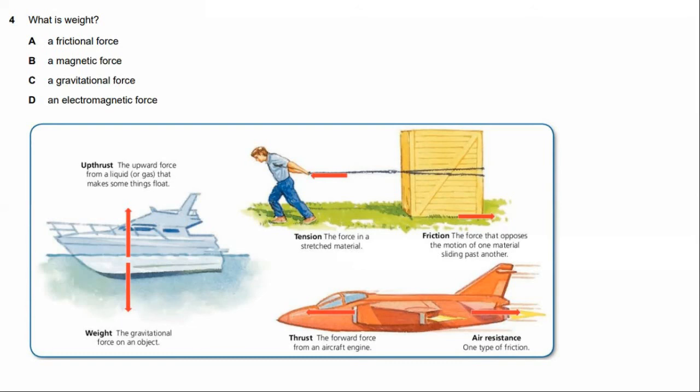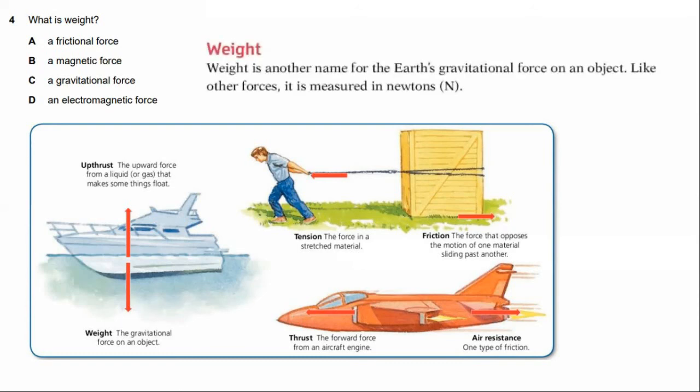Then the weight. Weight is the gravitational attractive force on an object by a particular planet. Or in other words, if you have an object on Earth or near Earth's surface, the gravitational force exerted on that object by the Earth is called its weight.